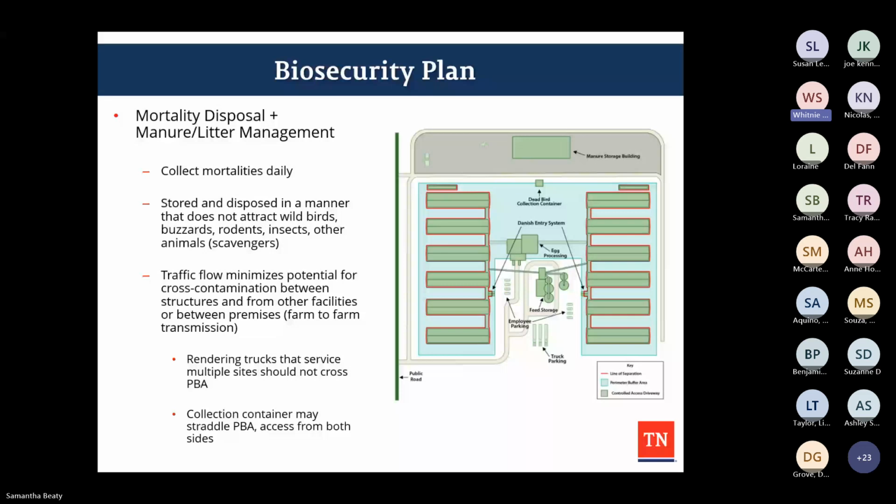So they've put their line of separation around all of their barns with one single access point, but then they also can identify sort of the traffic flow on the premises, but they put their dead bird collection sort of on the line there. So people can be collecting mortalities, placing them in the container, and they're staying within that perimeter buffer area. They're not leaving it, but then a truck could come and just collect it and never have to cross that line.